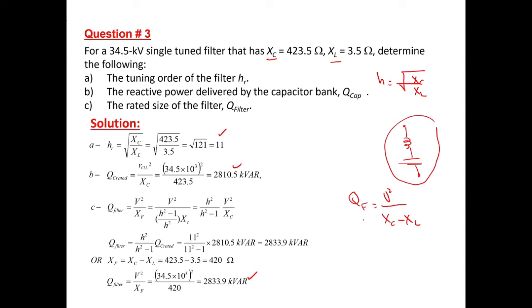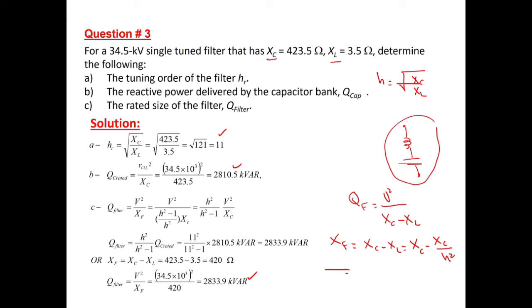Also, XC minus XL we call XF, the reactance of the filter, which is given as XC minus XL. It can be written also as XC, and XL will be equal to XC over H squared. Then you take XC as a common factor.